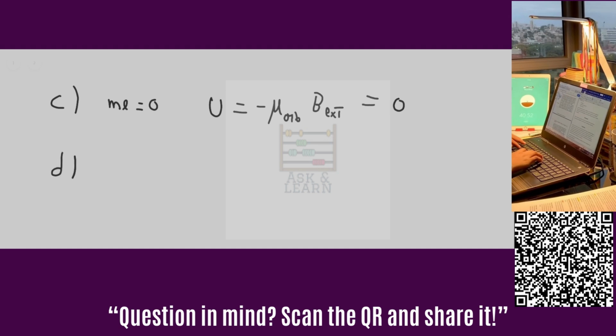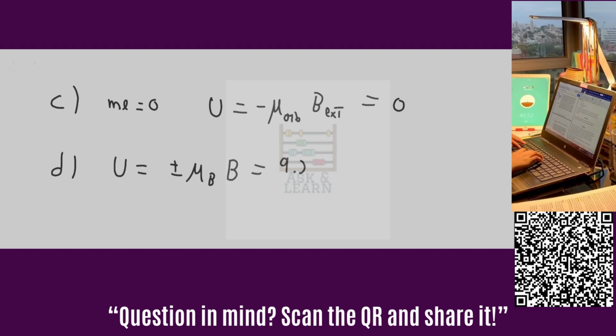For part D, we want the information of the spin, and now the angular momentum doesn't play a role. So we have U is equal to plus or minus mu_B B, and we can plug in values here.